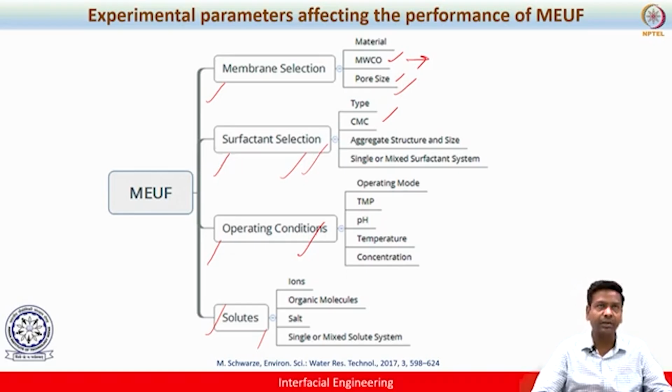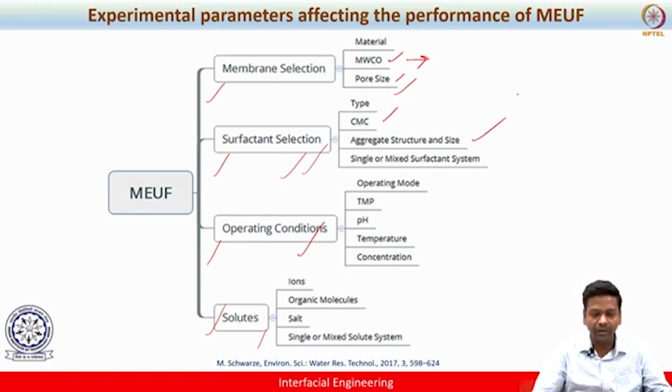If you choose a surfactant with a higher CMC, you have to use large quantities for the operation, which leads to a costlier affair. So one has to choose a surfactant with very low CMC, so that the process is economically viable.